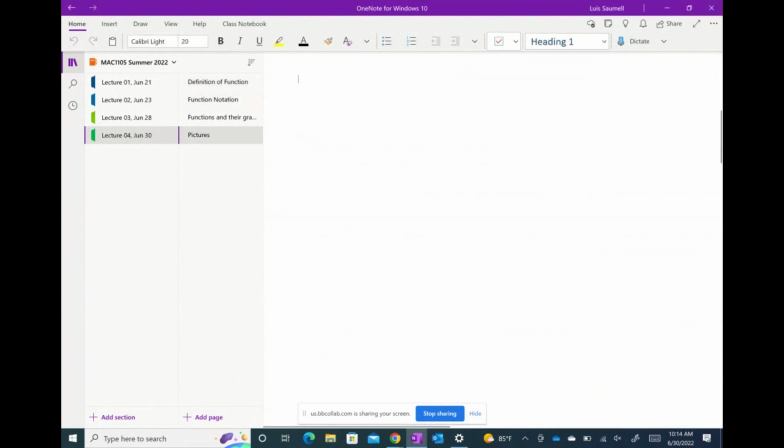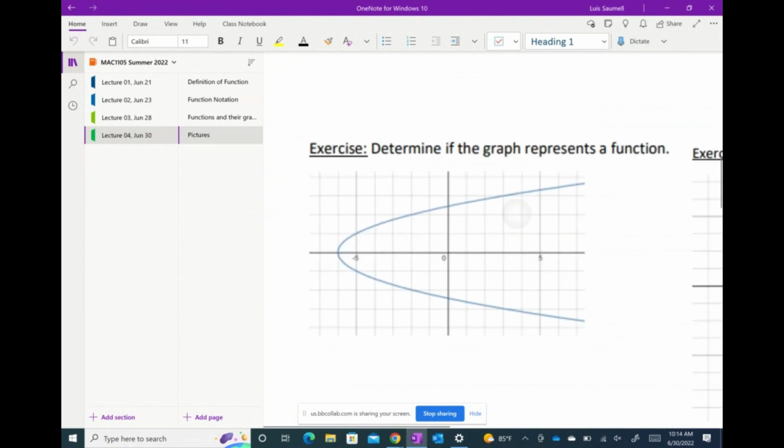Okay, so let me make sure that I'm not missing any example to do. Actually, yes, you see, I was missing something. So let me copy and paste this. So this is just to practice a little bit more the vertical line test. So here there are two pictures.